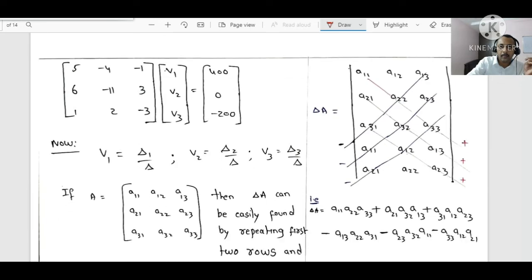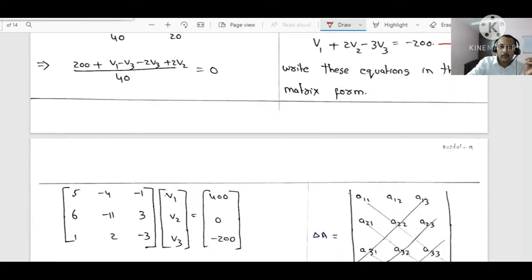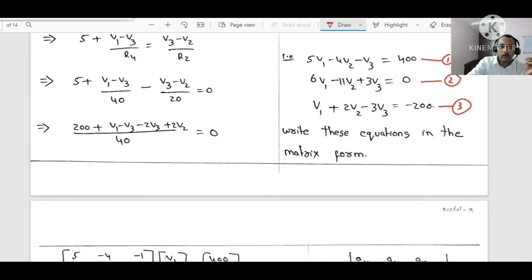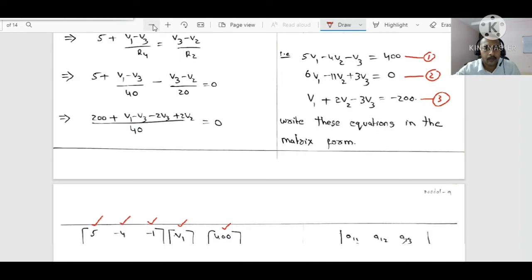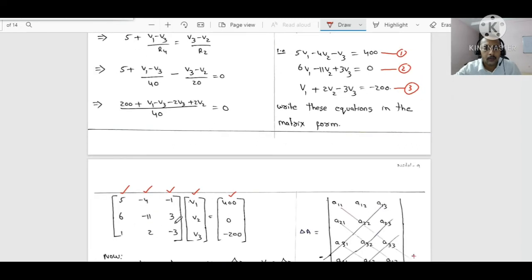You write it in the form of Ax equal to B. What are the first equation coefficients, dear students? 5, minus 4, minus 1, times V1, equal to 400. Now what about the second equation?